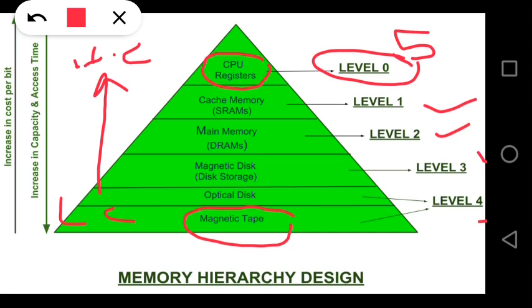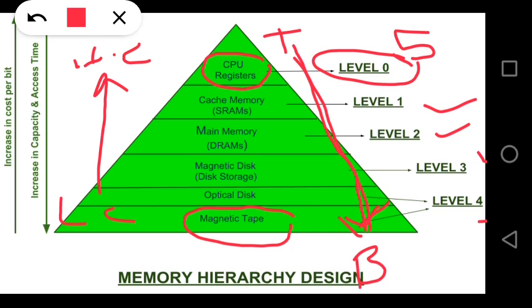Next, if you look at the capacity, as we discussed, capacity is getting increased from top to bottom. Similarly, access time is also getting increased from top to bottom. So remember, the goal of memory hierarchy is that you should have less access time.